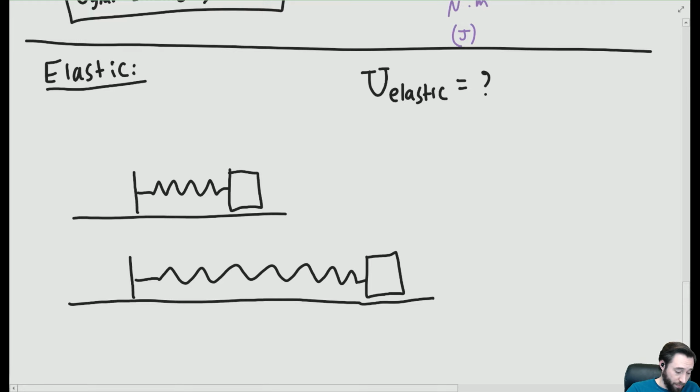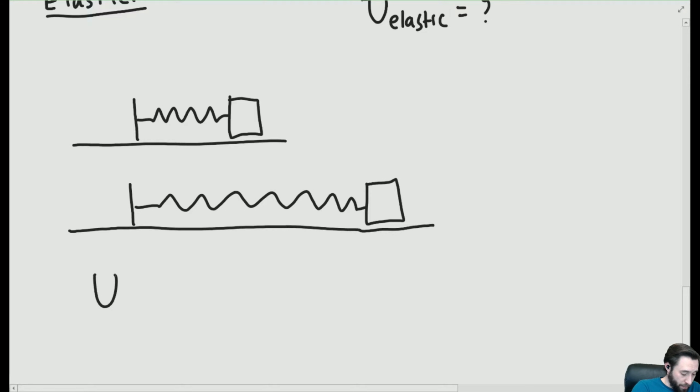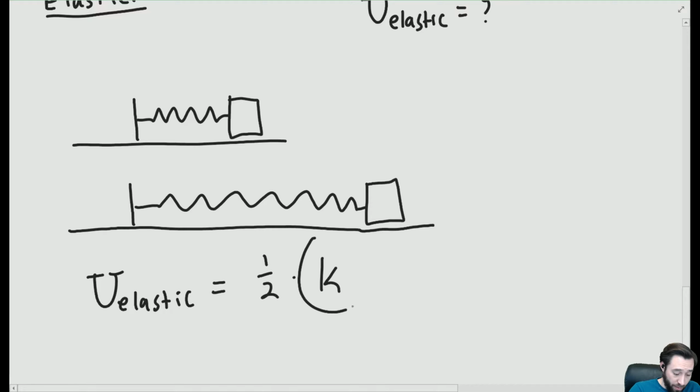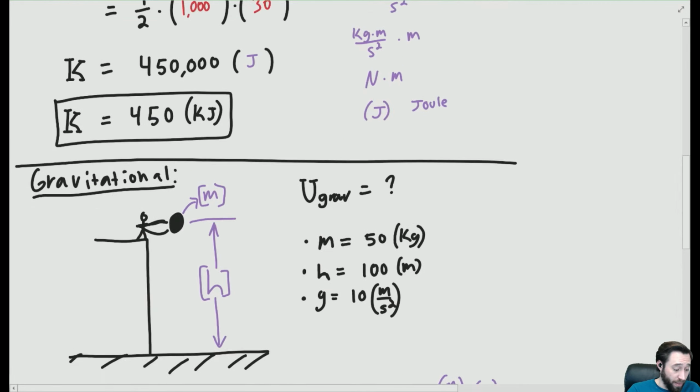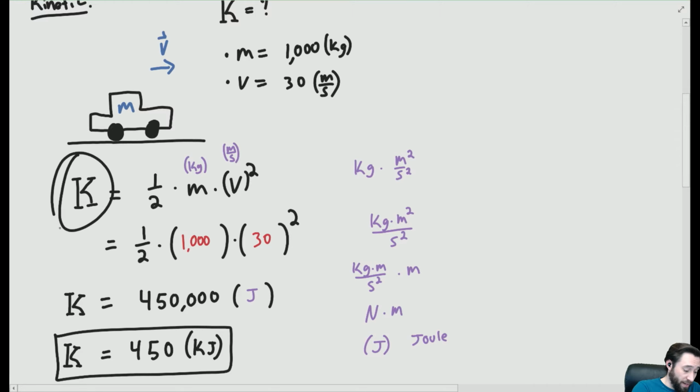The equation is U elastic equals 1/2 times the spring constant. Make sure that's lowercase. So this letter k is a lowercase k, and that is different than the kinetic energy K. There's a reason why when I do the kinetic energy, I put the little lines on it like this.